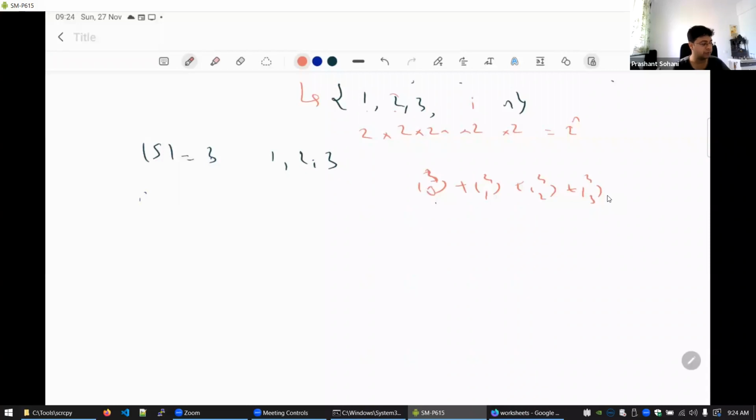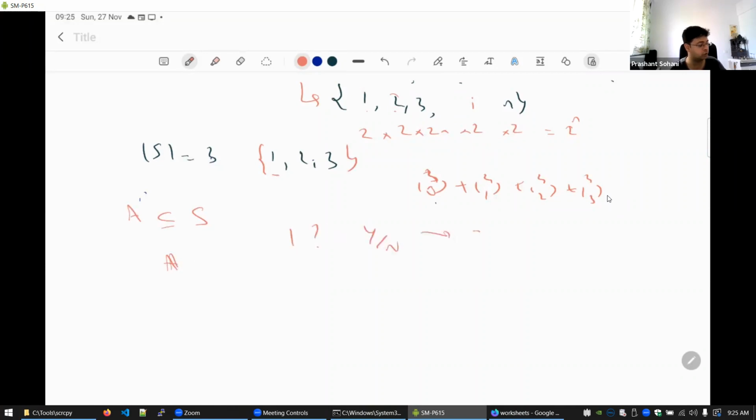Now the second method which I am saying: let's say I want to create a subset A of S. So A will have some of the elements of S. Your S had three elements, 1, 2, 3. So how can I create this set A? Either I will pick the first element or I won't pick it, right? So 1 is either in my set or it is not in my set. So whether or not to choose 1 is a yes no question.